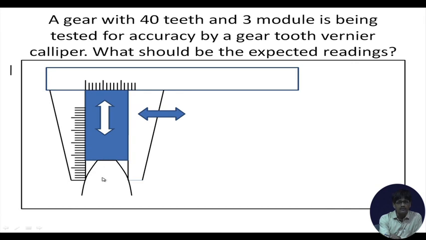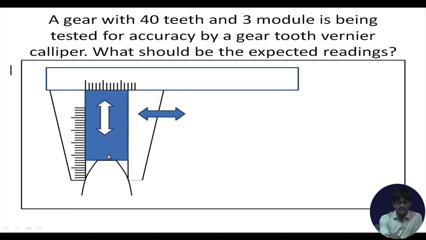And therefore, if we know a particular point on the gear where these two distances can be calculated, we can open up these jaws to the lateral dimension and expect the other dimension to be recorded on the vertical scale.